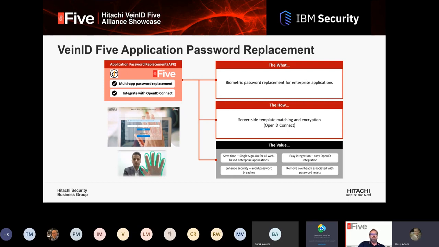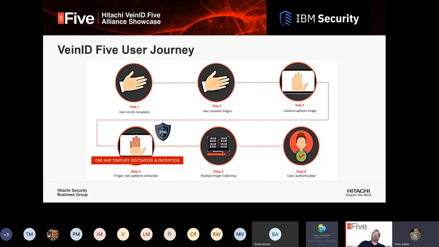Next slide, please. As we've talked about the user journey a couple of times, and most of the people on the call have sat through these, I don't want to keep going over the same information every time. But it's really about the fact that we're capturing the user's fingerprint, finger veins, using the standard laptop camera. Nothing more complicated or detailed than that. No infrared, no ultraviolet.